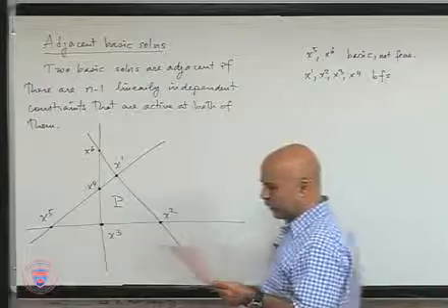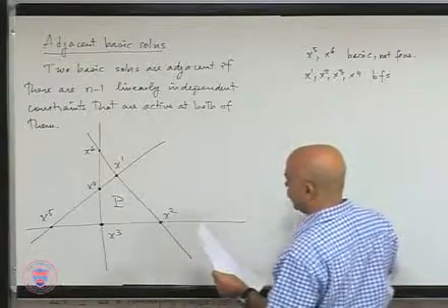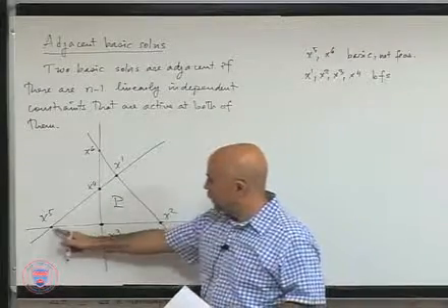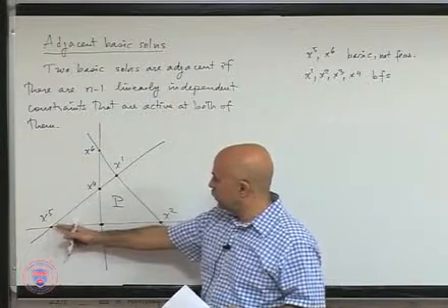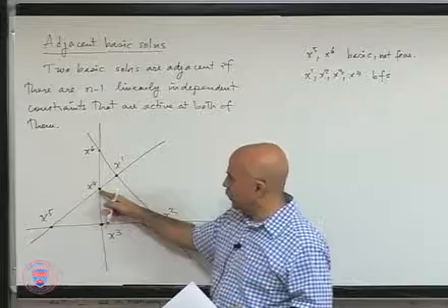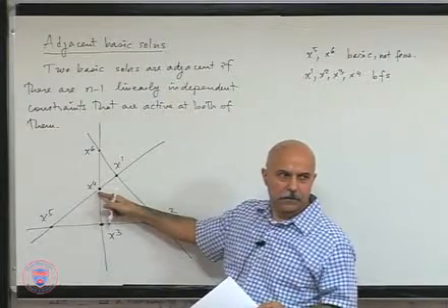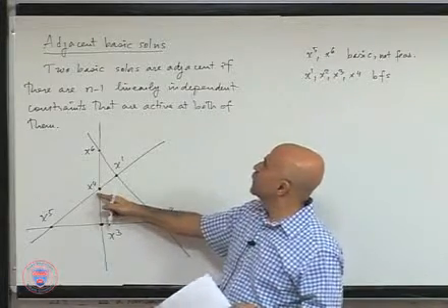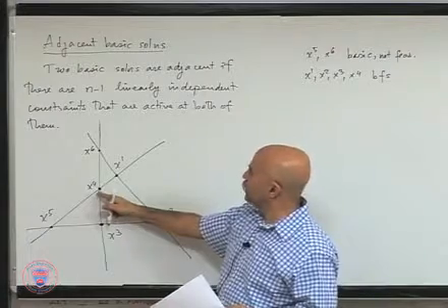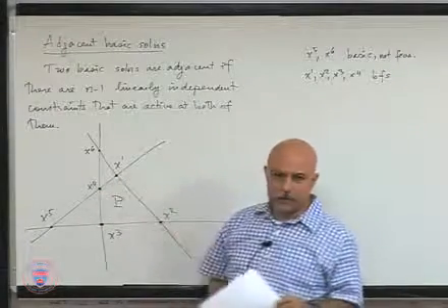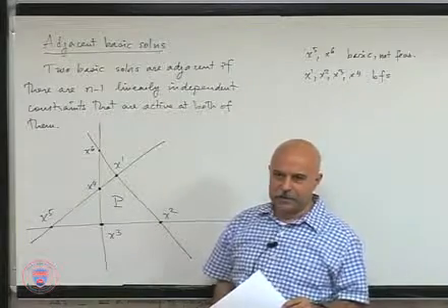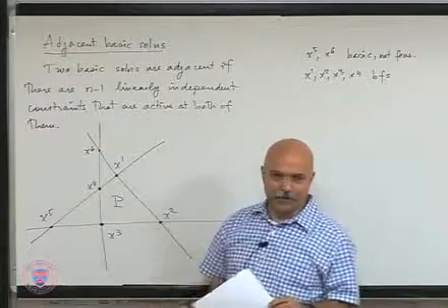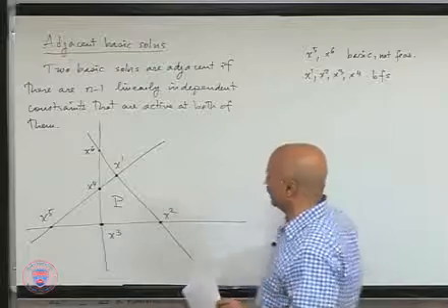Now, if you look at x5, for example, x5 is this point. It's got x4 as an adjacent basic solution. Also, x1 is an adjacent basic solution, even though the picture does not really tell you that. Okay. All right.